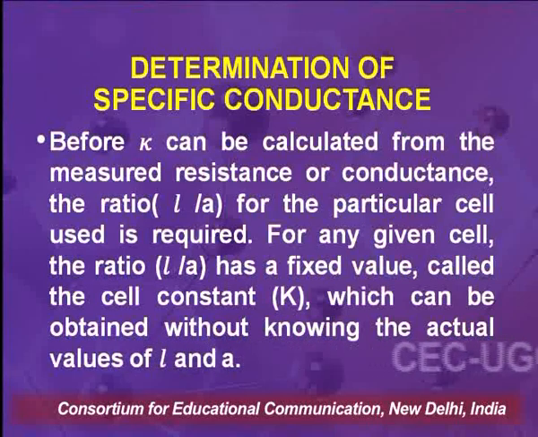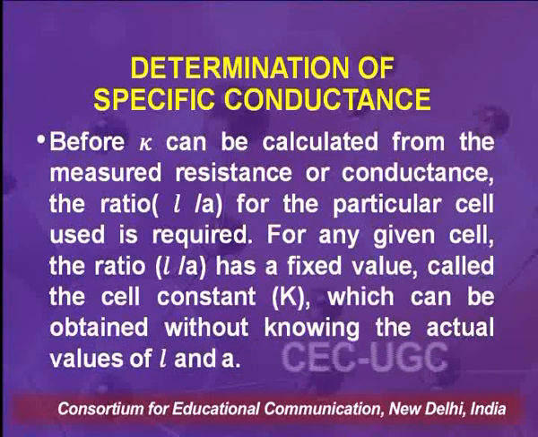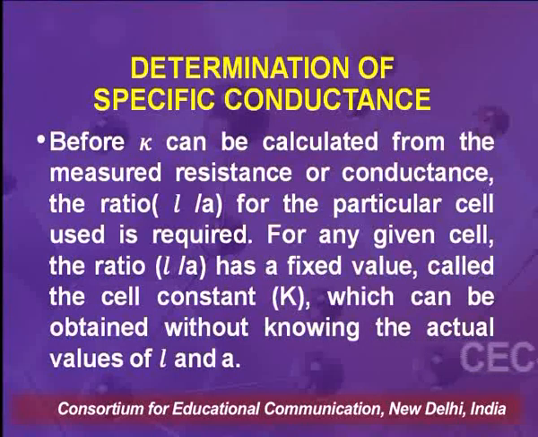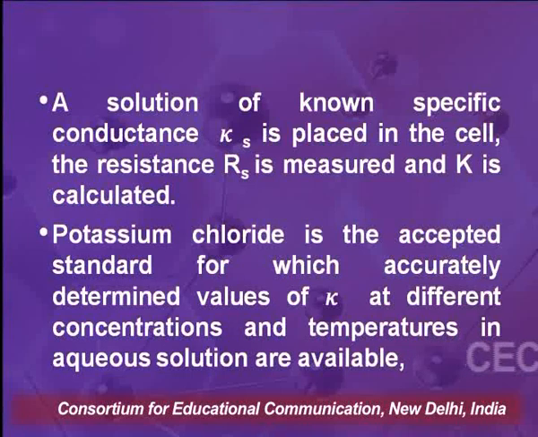For any given cell, the ratio l by A has a fixed value and is called the cell constant, represented by capital K, which can be obtained without knowing the actual values of l and A. A solution of known specific conductance kappa S is placed in this cell, the resistance Rs is measured and K, the cell constant, is calculated.